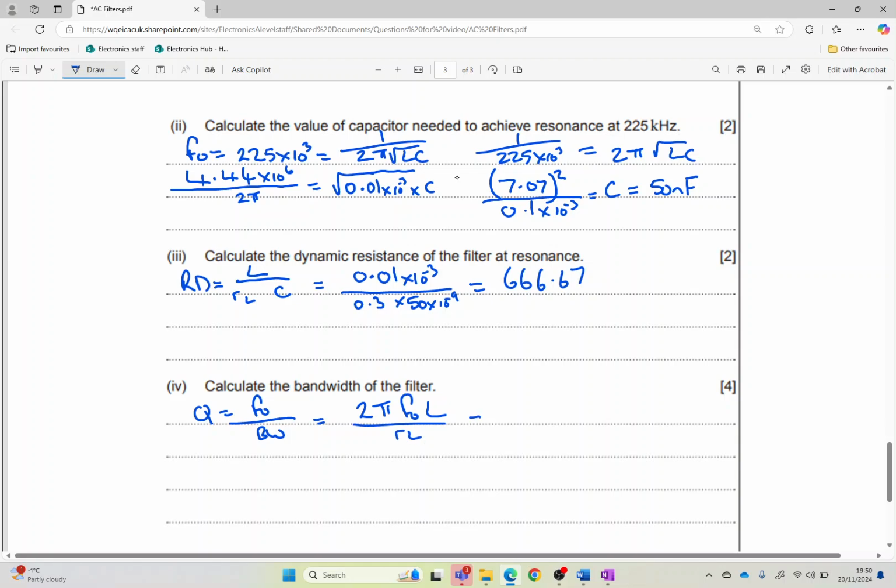So we can find out what Q factor is by slotting in the values that we've got: 2 pi times by 225 times 10 to the 3, that's our frequency, isn't it, times by 0.01 times 10 to the minus 3, divided by 0.3, gives us a Q factor of 47. So now we've got a Q factor of 47, so we can slot those values in.